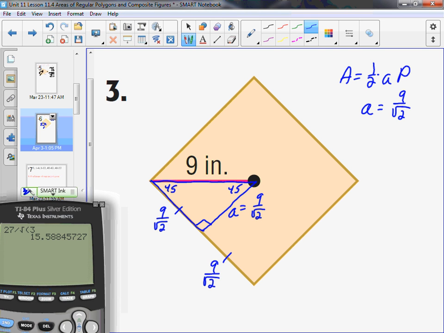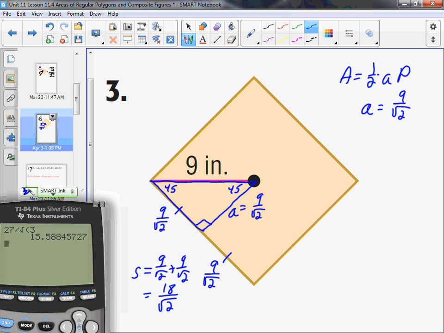Why do I care? Because I'm working on the perimeter. I got to get the perimeter. So what's the length then of one whole side of this square? Yeah, it's 9 divided by the square root of 2 over 9 divided by the square root of 2, which is 18 divided by the square root of 2. All right?